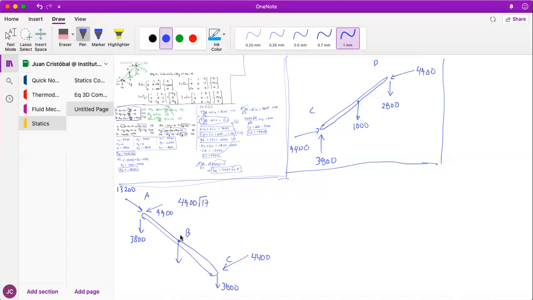It's the rope, so it's going there, okay? And the magnitude is this one. And here you have the weight, which is 1200 going down. Some of these parts you can know that you are right because all of these guys are easy to follow. But when you have this rope over there, maybe that's a little bit more complicated, but its components will tell you if you are right or wrong in equilibrium here.